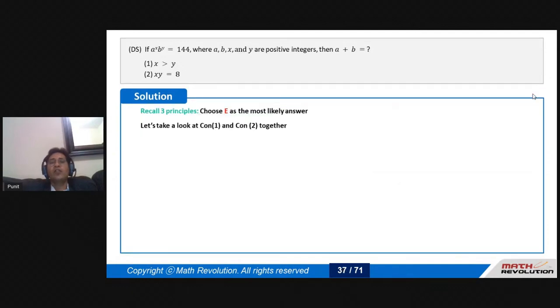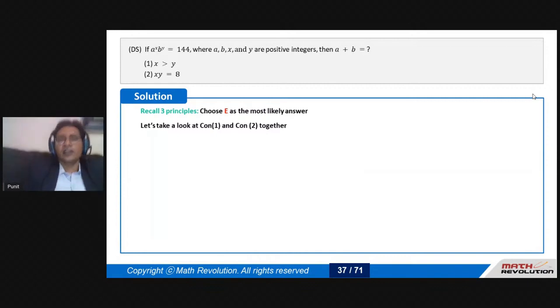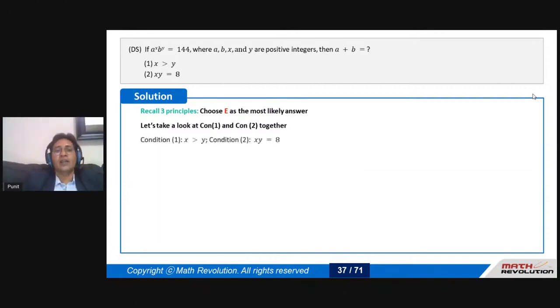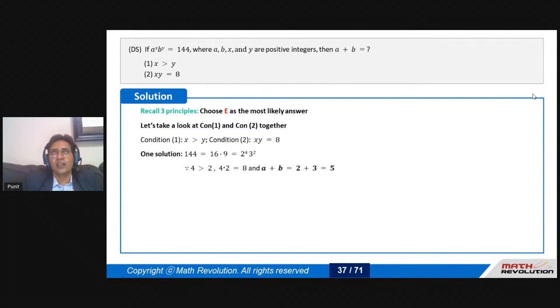So if I combine both the conditions together, condition number one says x is greater than y and the product of x and y is 8. The possible case here is 4 comma 2, wherein x would be 4 and y would be 2. So 4 times 2 becomes 8.